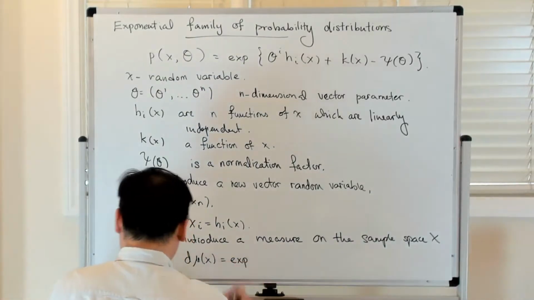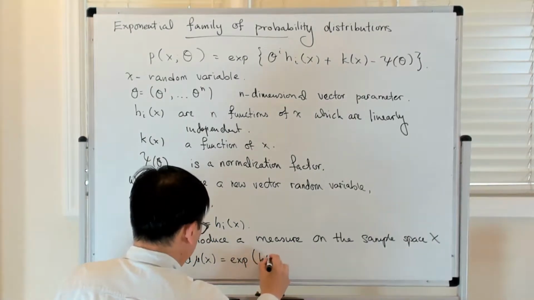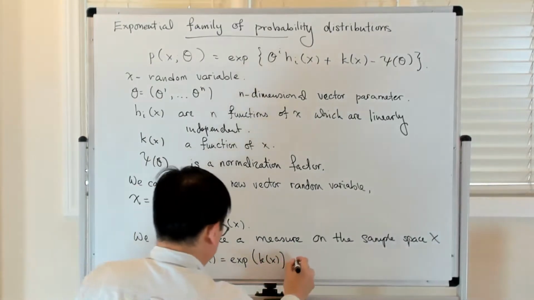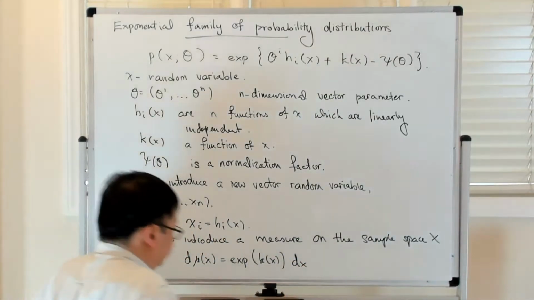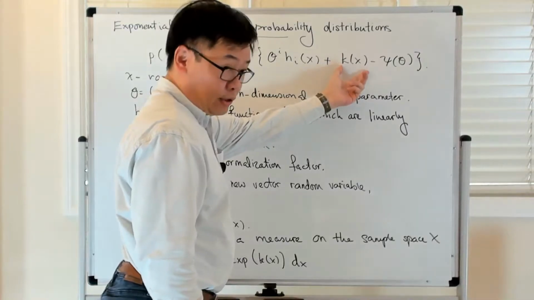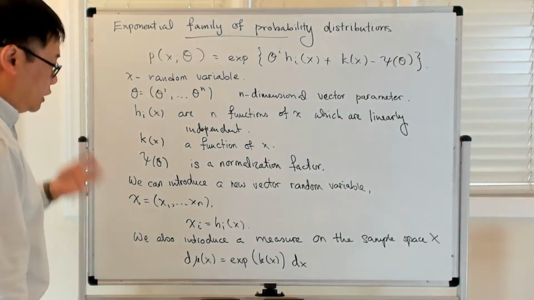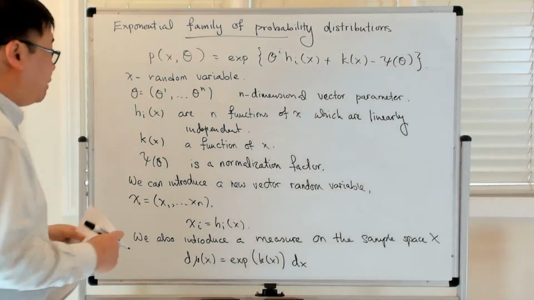This is exponential of k(x) dx. So you can think of this k term as a measure on the space of random variables.